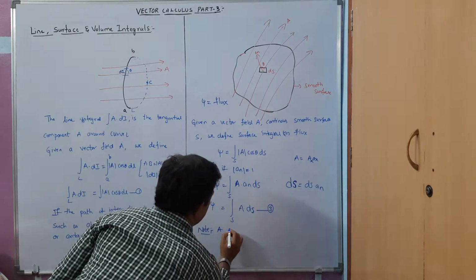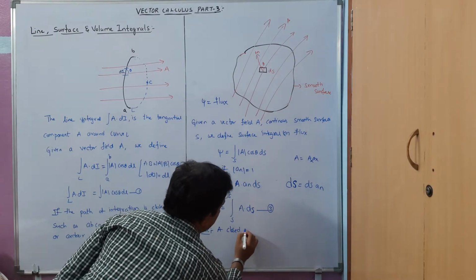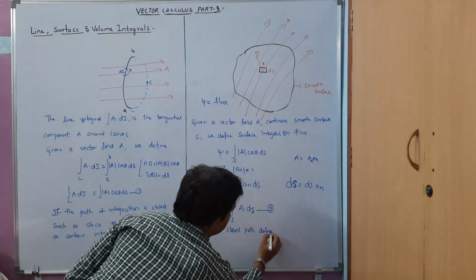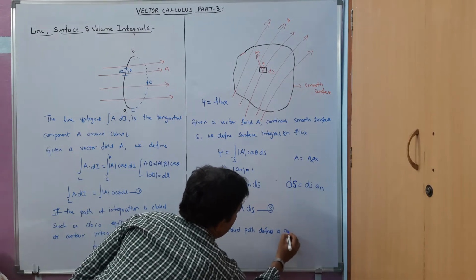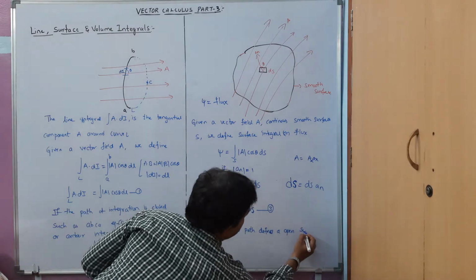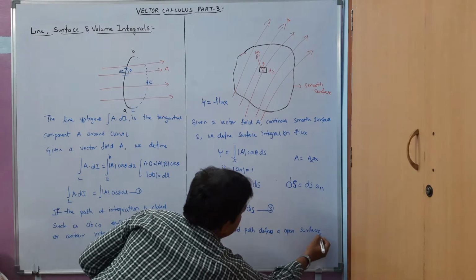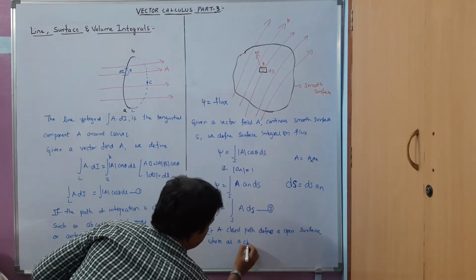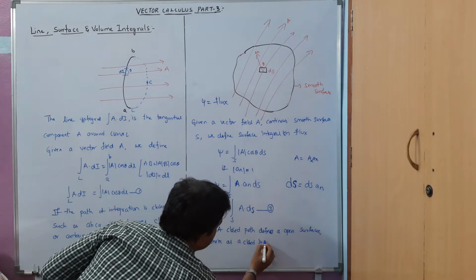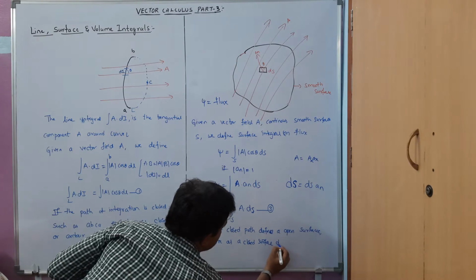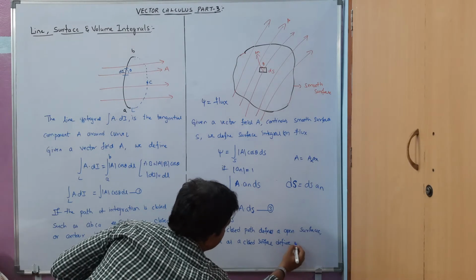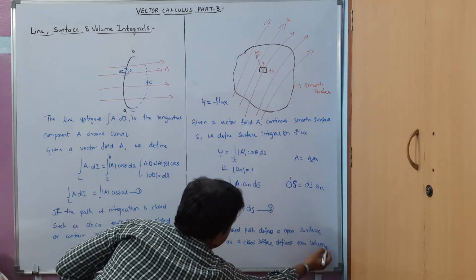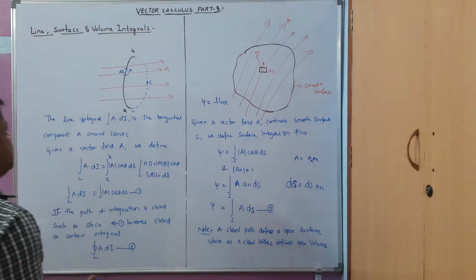Note: a closed path defines an open surface, whereas a closed surface defines an open volume. This point we need to remember.